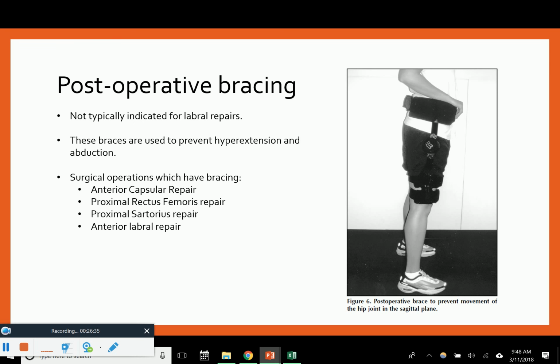This is not typically indicated for labral repairs unless there's something special going on, or they might have a concomitant gluteus medius repair or something of that nature. These braces are used to prevent hyperextension and abduction. Surgical operations which have bracing include anterior capsular repair, proximal rectus femoris repair, proximal sartorius repair, and anterior labral repair.